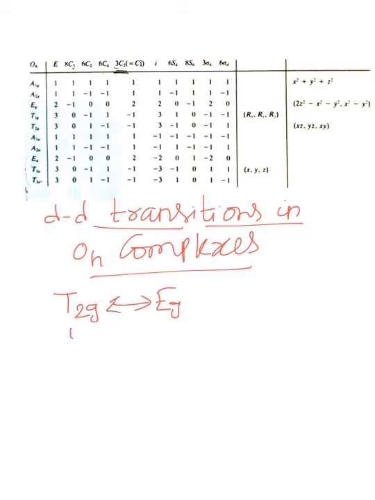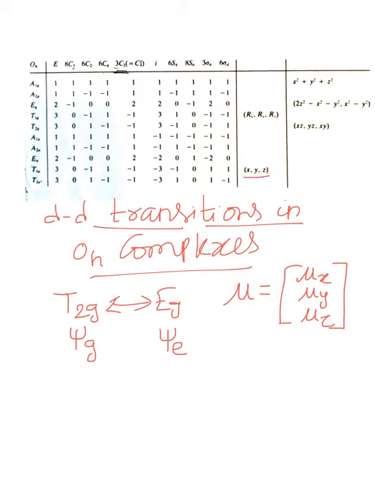So here my ground state psi g is T2g, my excited state psi e is Eg, and the transition dipole moment mu can have three components: x component, y component and z component. These three components, mu x, mu y, mu z, have T1u symmetry.